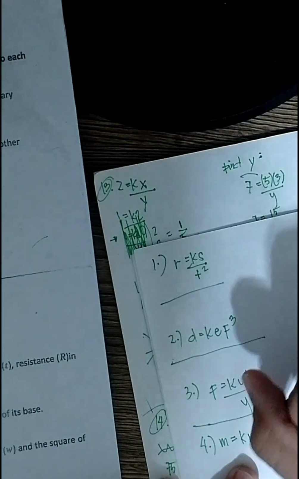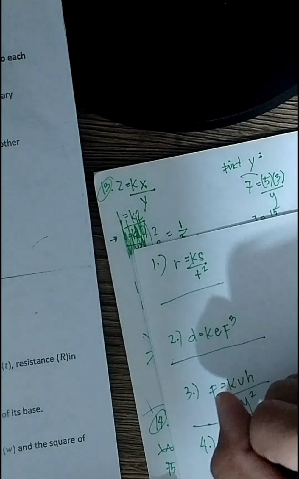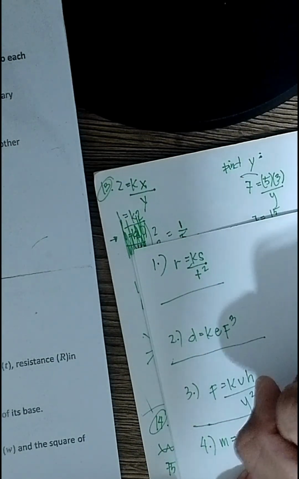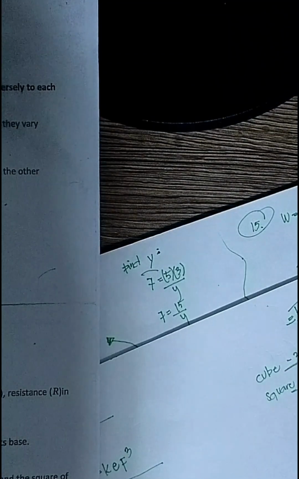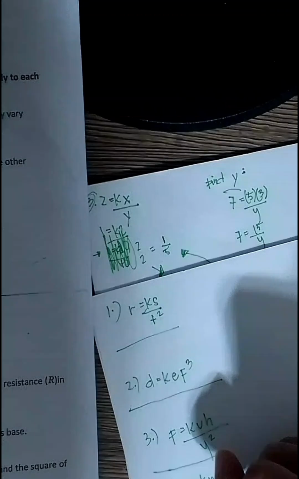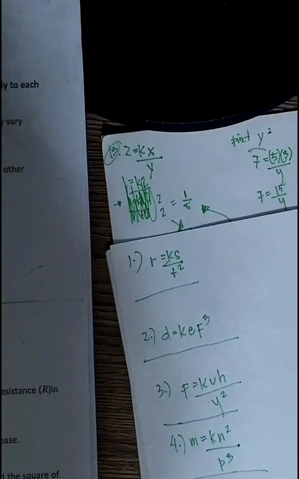There is a square, and inversely with the cube of p. The cube is 3. That is the answer to number 4.